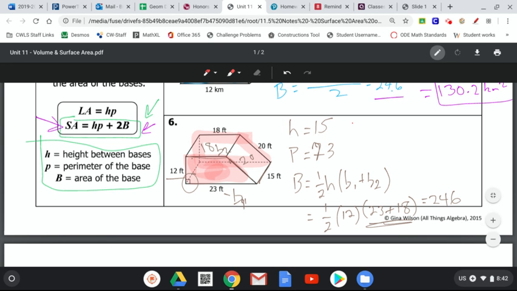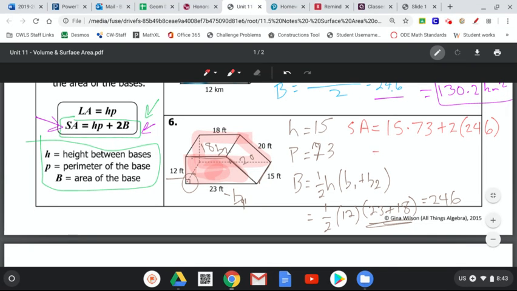So we are trying to find the surface area. It is just going to be HP plus 2B. So 15 times 73 plus 2 times 246. All right.